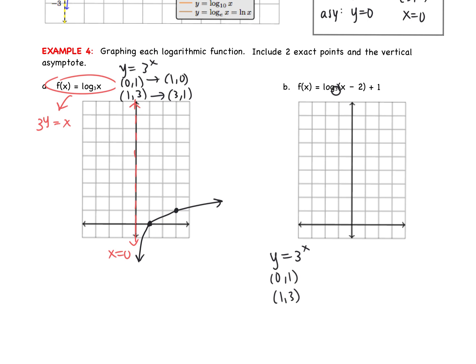This one's going to involve actually 2 steps. Next I need to consider the fact that it's actually a log. So instead of 3 to the x, I'm graphing a log instead. What that means is I'm flipping the x and y.